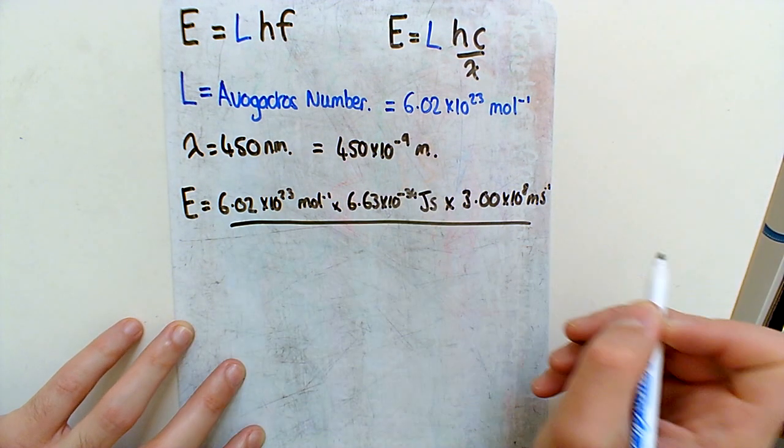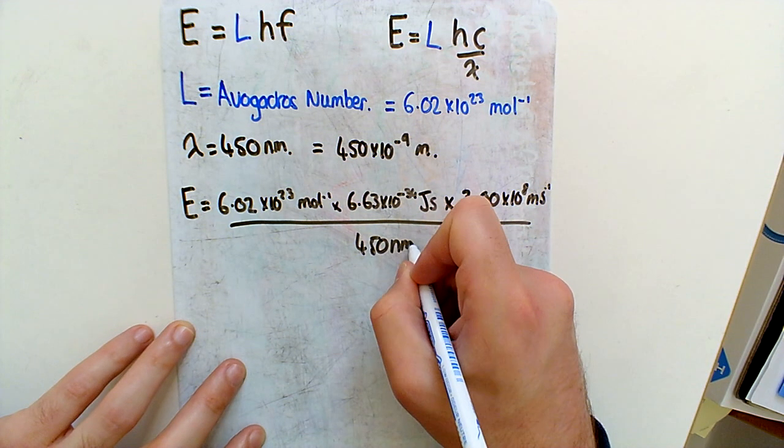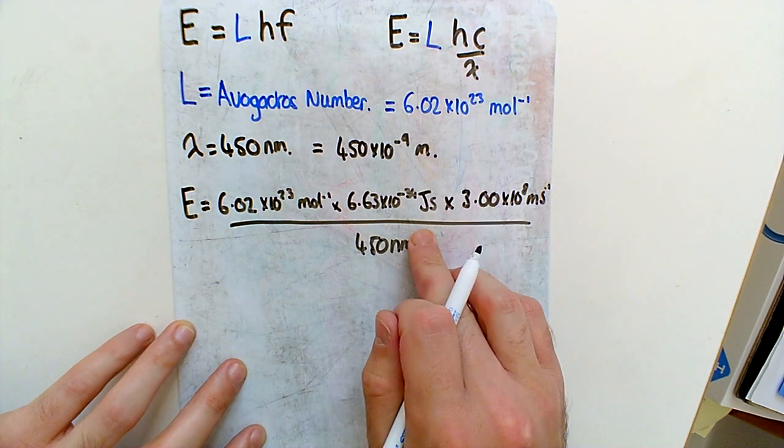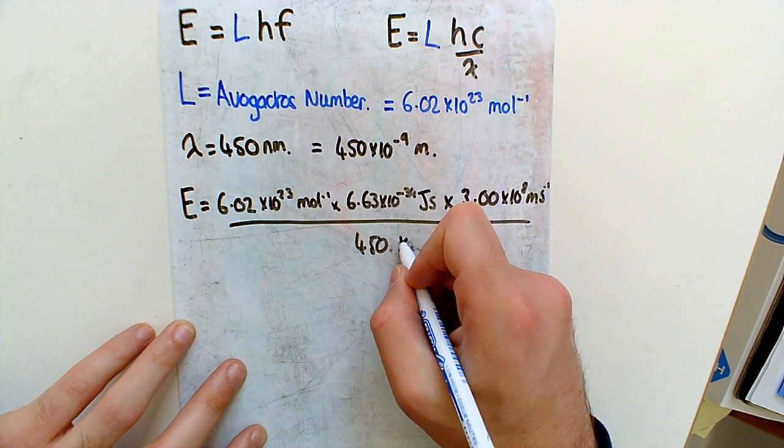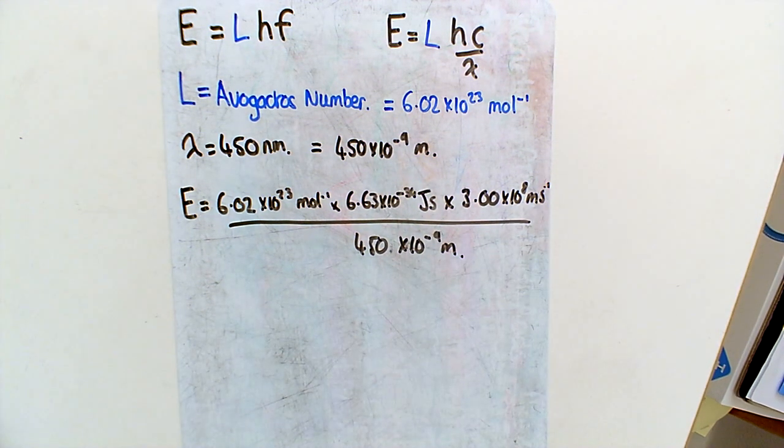And all of that is divided by 450 nanometers, or 450 times 10 to the minus 9 meters.